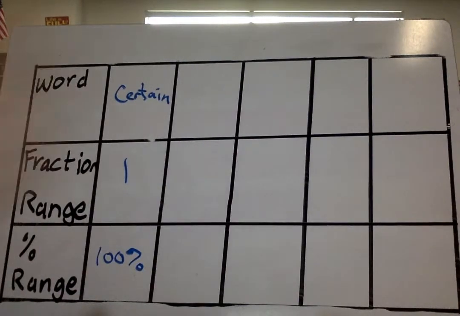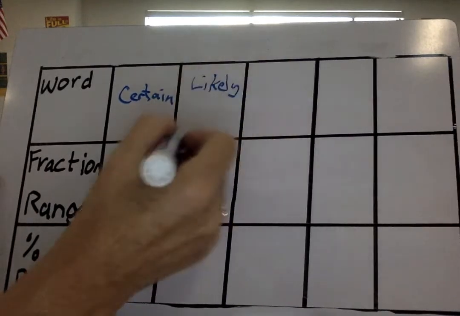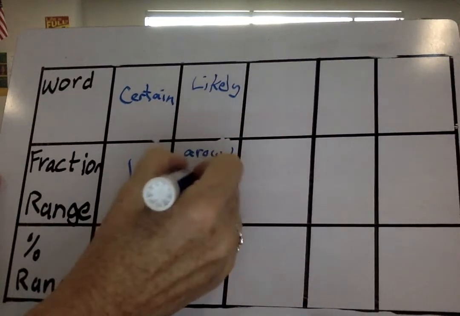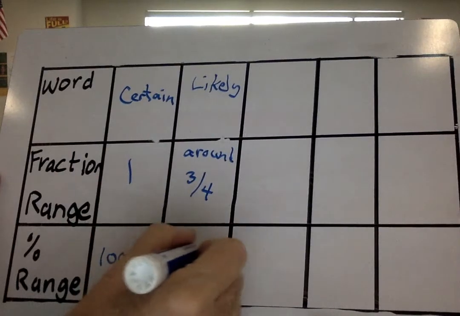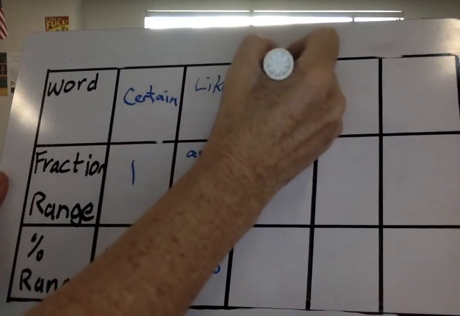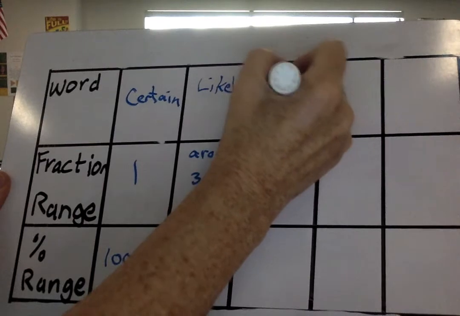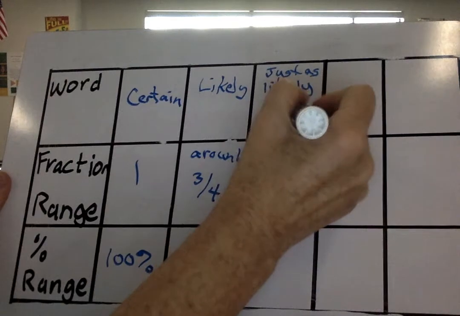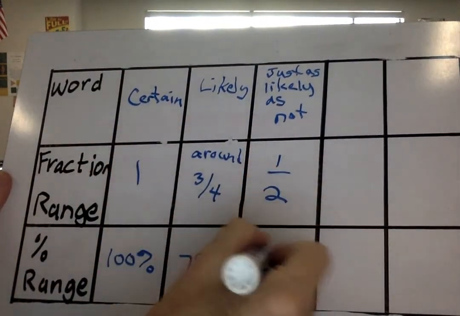Okay? Now, if something is likely to happen, that's going to be around 3/4 or 75%. And again, that's around 75%. Okay? So if it's just as likely as not, that's going to be a 1/2 chance or 50% chance.